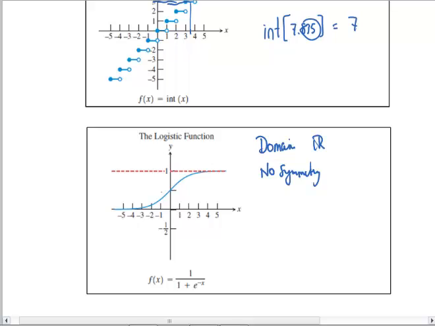And it's bounded from above and below. So we're just going to say bounded by y equals 1 and y equals 0. The lower bound would be 0, the upper bound would be 1, and it's a continuous function as well.